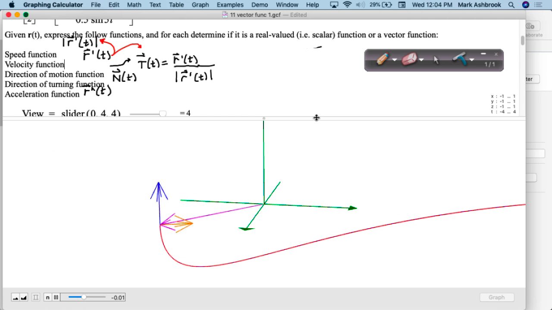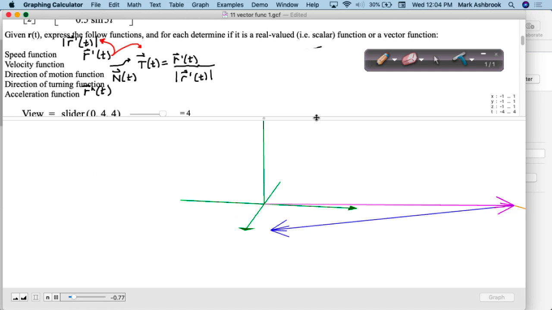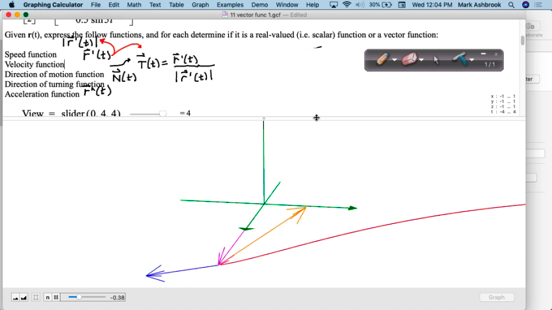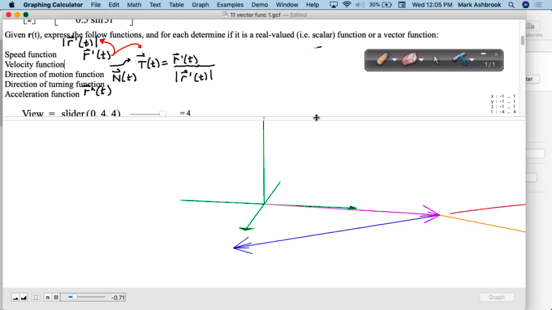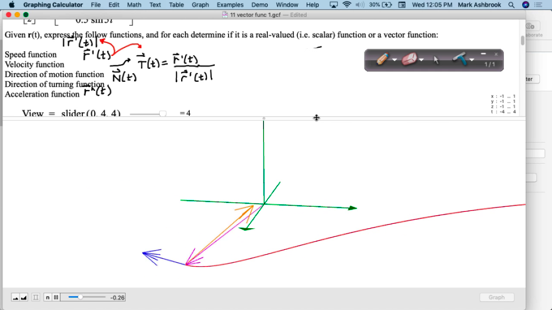So watch what it does. Zero, zero, then its second derivative 16. So it's like the acceleration vector would also be in the forward direction.